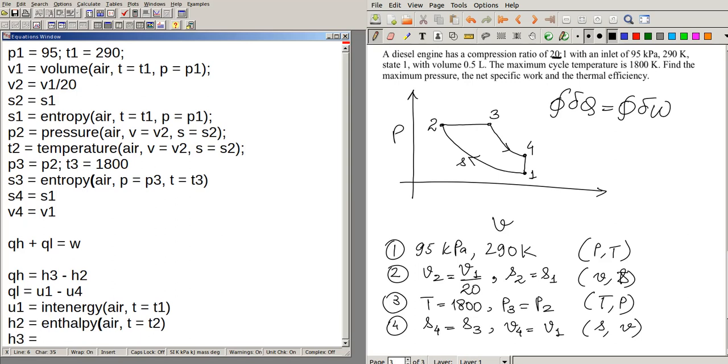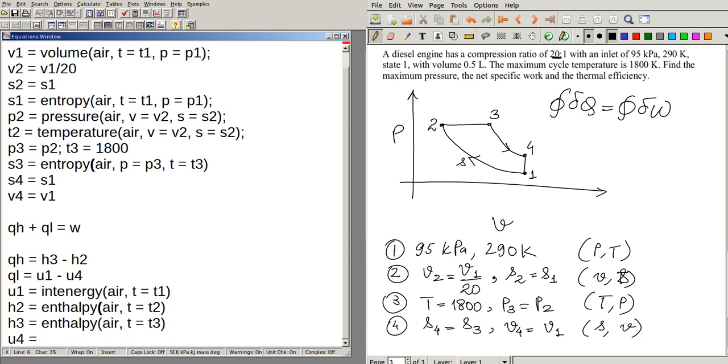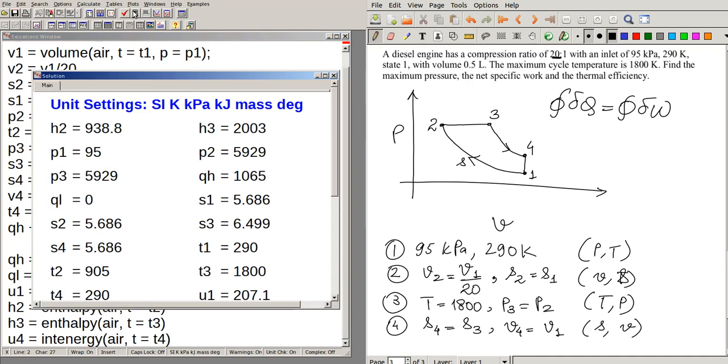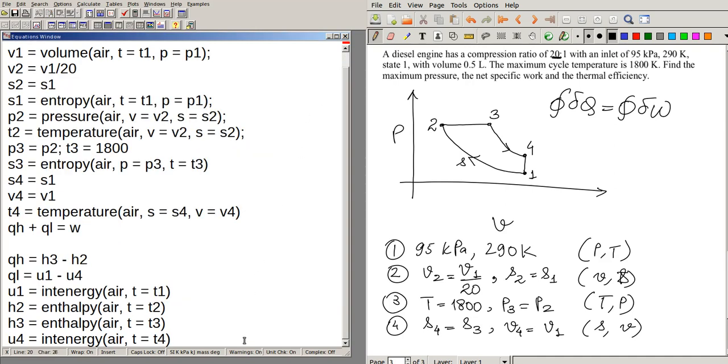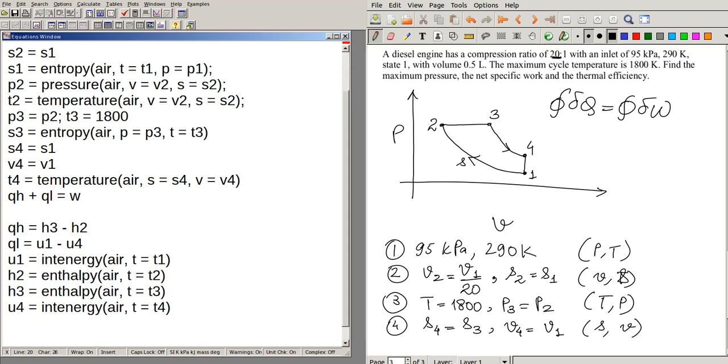H3 is simply known because the temperature at point 3 is given as the highest temperature achievable in the cycle, which is T3, 1800 Kelvin, and for U4, T4 we can find out using S4 and V4. With the help of this and the heat, we have eta equal to W by QH.